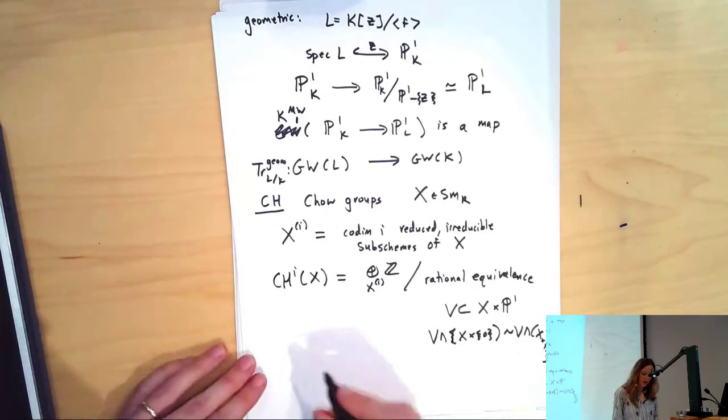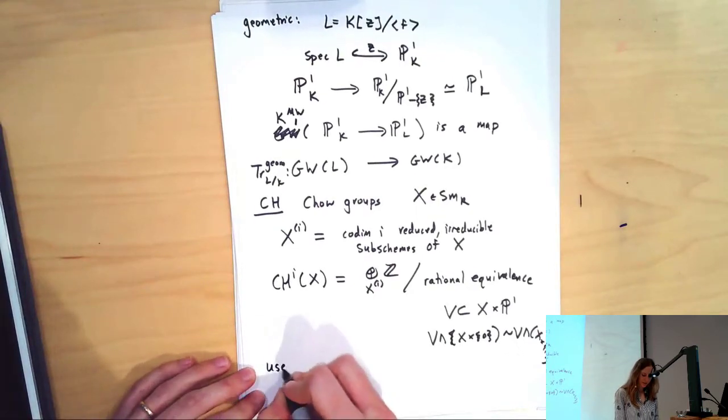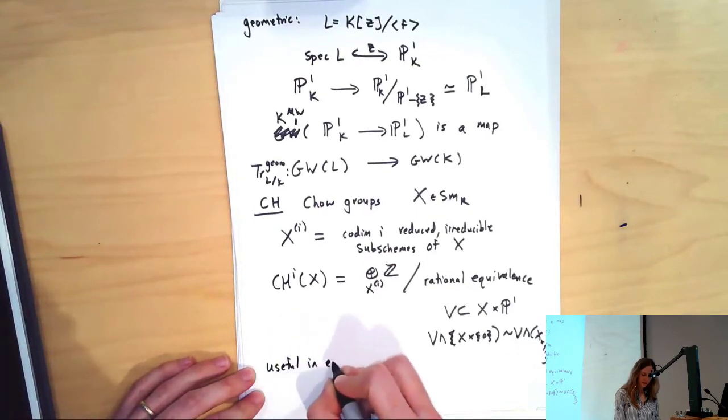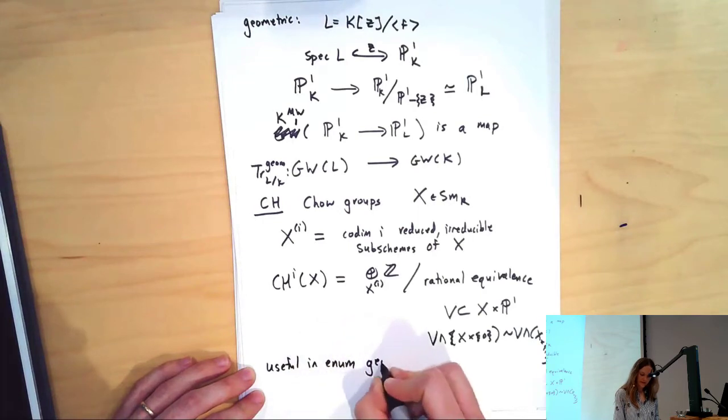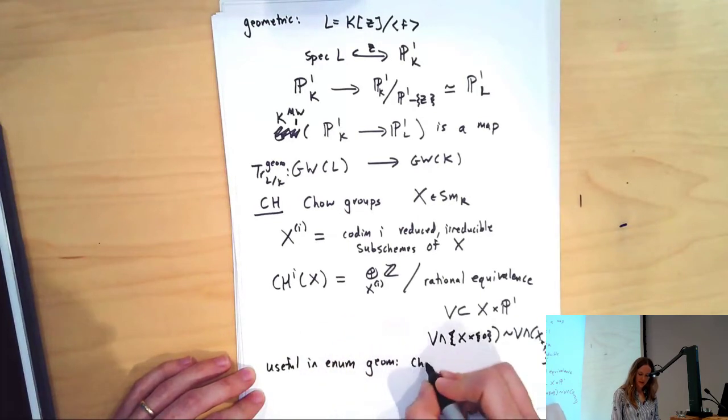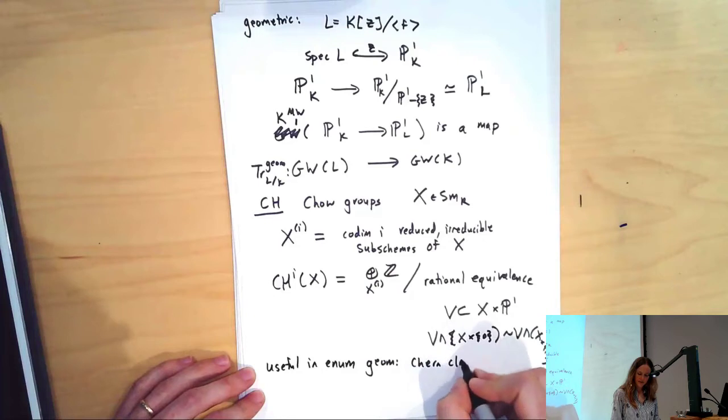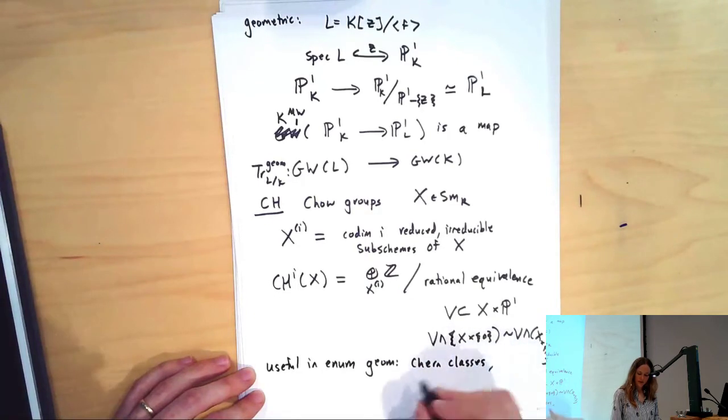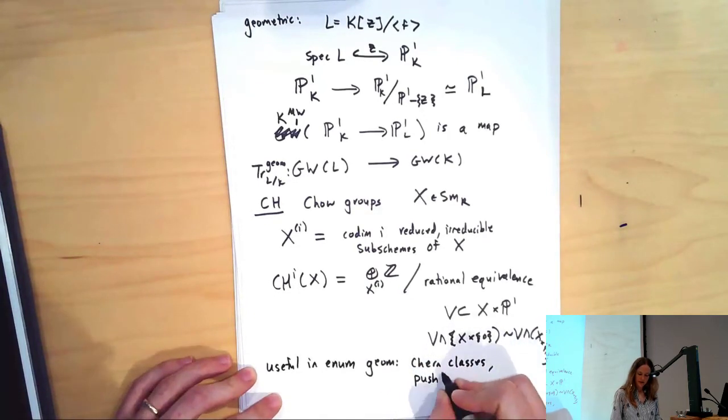And these are useful in enumerative geometry. They've got Chern classes, push forwards, pullbacks, ring structure.